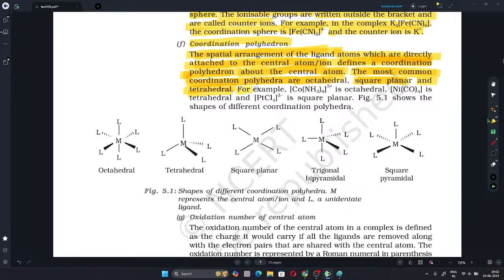For example, [Co(NH3)6]3+ is octahedral because there are 6 ligands attached here, whereas [Ni(CO)4] is tetrahedral and [PtCl4]2- is square planar. The figure shows the shapes of different coordination polyhedra.